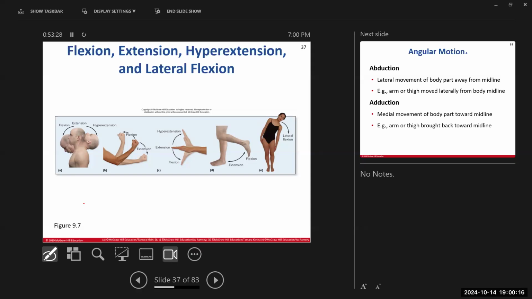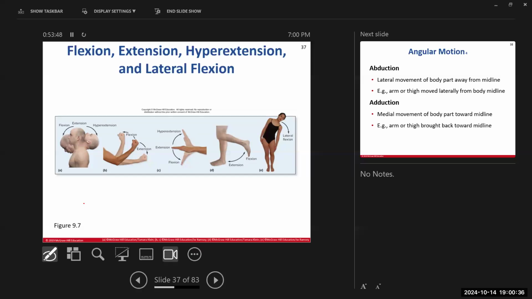And then when you ask them, all right, go ahead and put your hand back to the beginning like you're going to shake someone's hand, the wrist goes back into extension. And then when you bend your hand back, all right, that's hyperextension. And you can see the same here for the elbow, flexion versus extension.